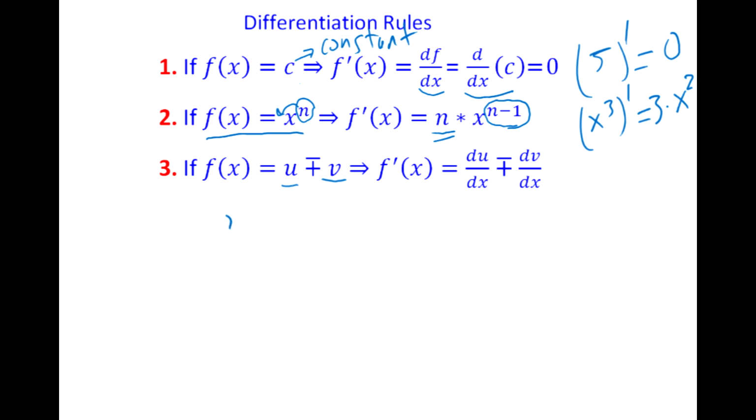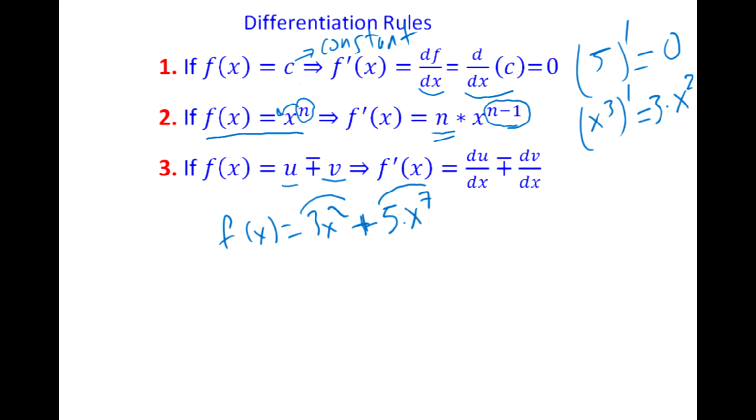For example, let's say f of x is, as u, I can put here, let's say 3x squared, plus, you can put negative also, minus, it doesn't matter. As a v, let's say we have 5 times x to the power of 7. So in this case, we have u as 3x squared, v as 5 times x to the power of 7.